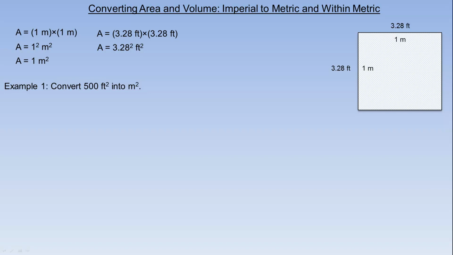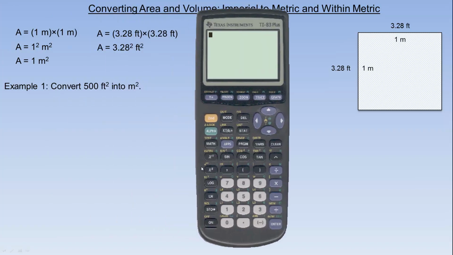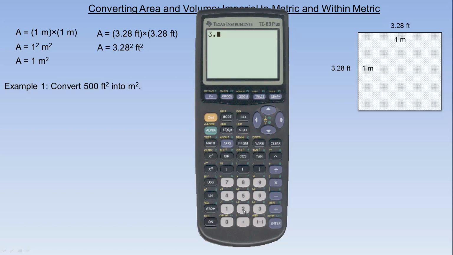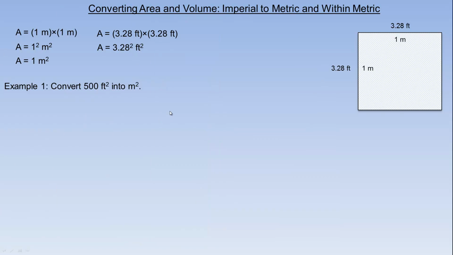And if you want to square that, I'm going to bring my calculator over here, 3.28 squared rounds to about 10.8. 10.7584 is the exact value, but it's about 10.8. So the area is 10.8 feet squared, square feet. That means that 1 square meter is the same as 10.8 square feet.